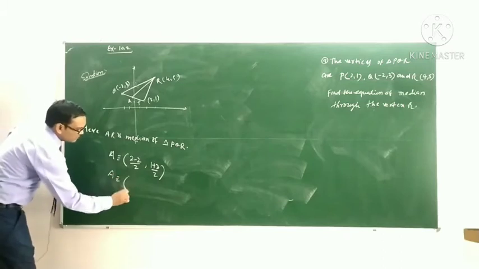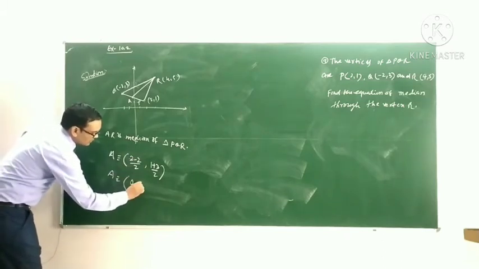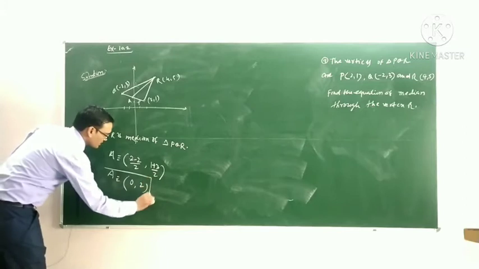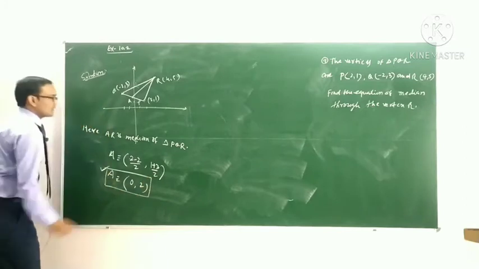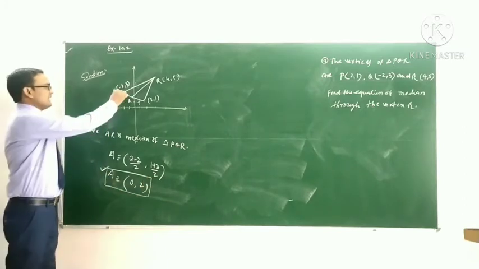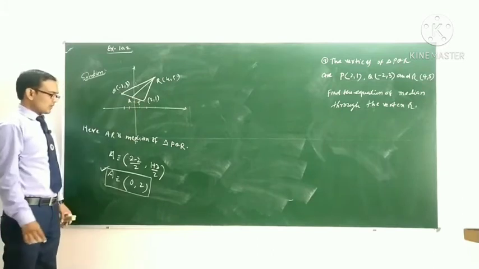A equals 0, 2. Okay, students, here we find the coordinate of point A is 0 comma 2.